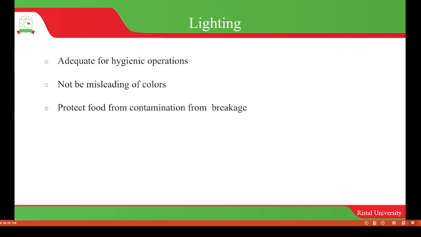Lighting. In the establishment, there should be always a good lighting system, which is always adequate for hygienic operation, so that all the areas within the manufacturing area are not in darkness, and this will help in a hygienic operation because it makes cleaning the equipment and the area very much easier, and it will be done properly.